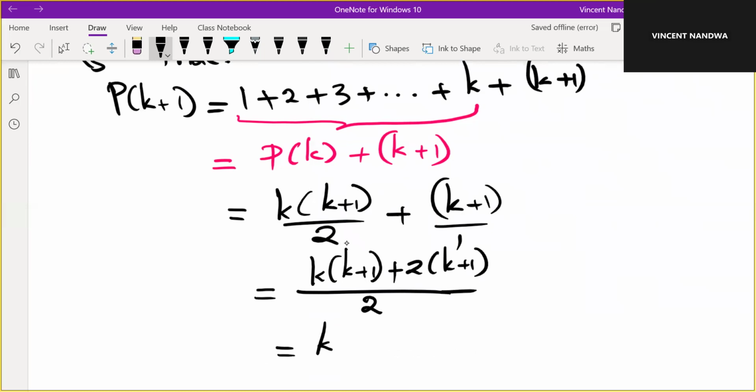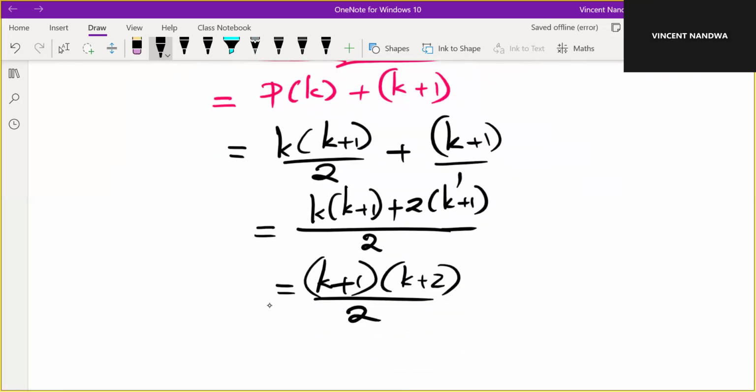These two terms. k plus 1 into k plus 2 divided by 2. And this is really what we are looking for. As we say, from the structure of P of k, then P of k plus 1 should be this expression, okay?